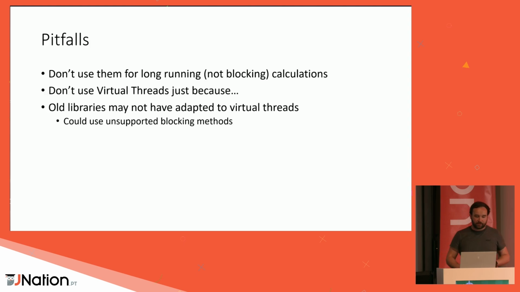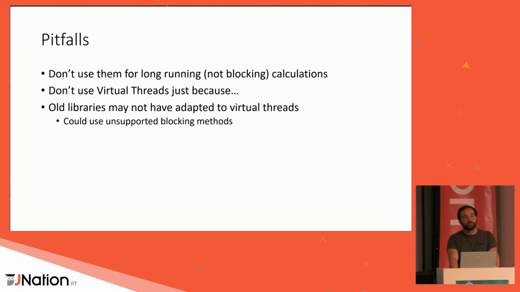So the pitfalls of virtual threads: you don't want to use them for long, non-blocking calculations, because like I said, virtual threads are very good at waiting, just doing nothing. So if you're going to put them to the test and make them work very hard, then it's recommended to use the platform threads.